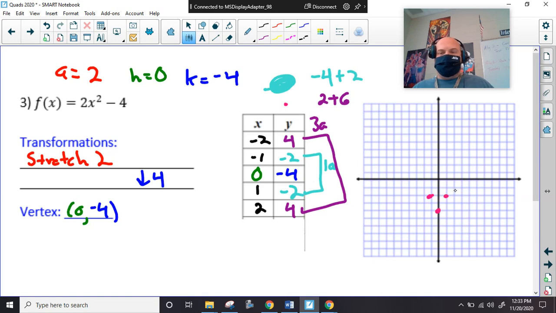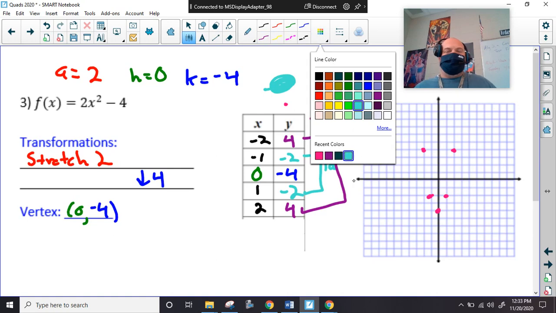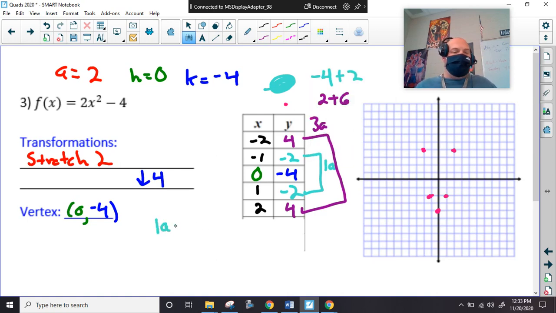All right, hang on one second. 1, 2, 3, 4. All right, how did I get the stuff in purple and turquoise? Okay, so the first one has a ratio 1A. So that's 1 times 2, which is 2. And we add that to that y value. And then in the purple, this is 3A.